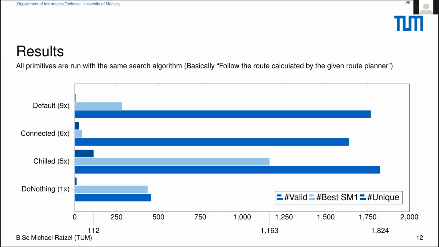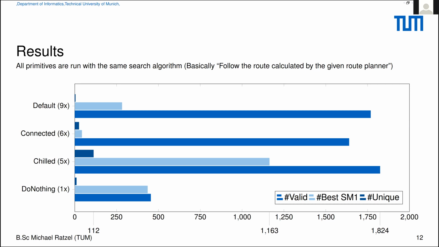So yeah, with those, I have here some results from what I created. These are the motion primitives: the 9 provided ones, then 6 which only use the connected states approach, then 5 more which use this chill factor, and also a motion primitive which basically does nothing and just stands there.